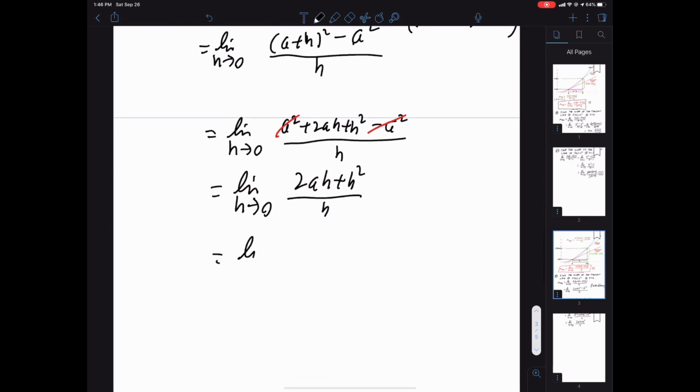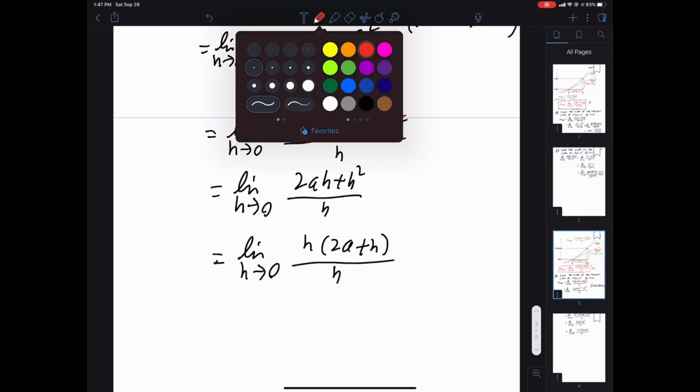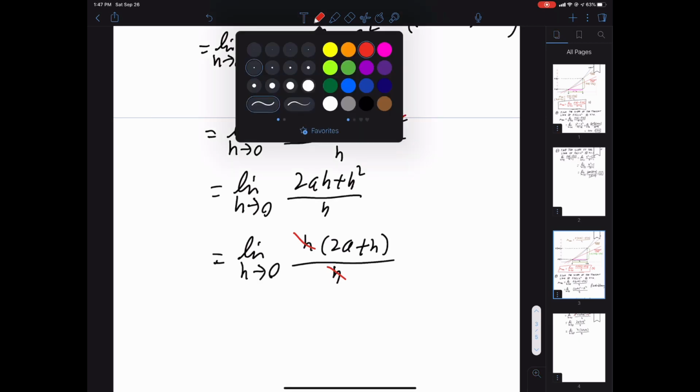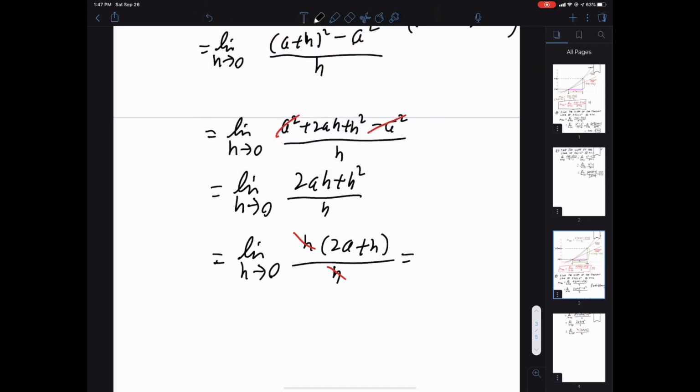We'll notice that both terms on top have a common factor of h. Whenever there's a common factor, that's the first thing you should do. We're going to take the h out, and we're left with 2a plus h, and the h's cancel, just like last chapter. And now we let h approach 0, and you get 2a for your final answer.